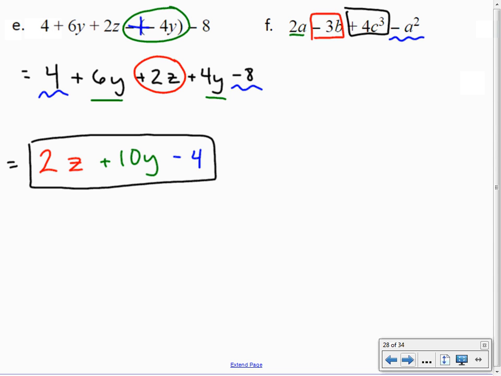So if you look, we don't have any like terms. There's nothing that can be combined here. So our final answer is what we started off with. Okay, and you can just make a note here that there are no like terms. Nothing combines.